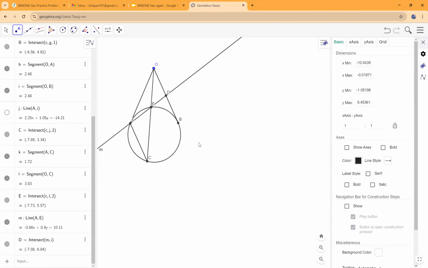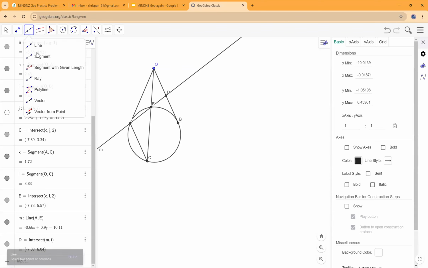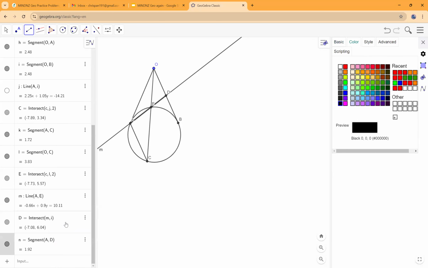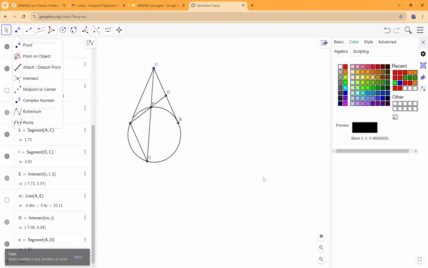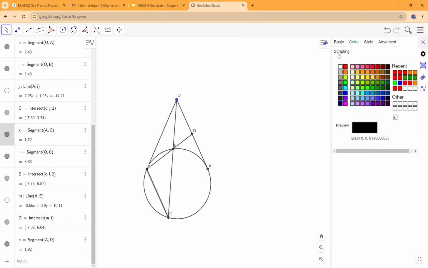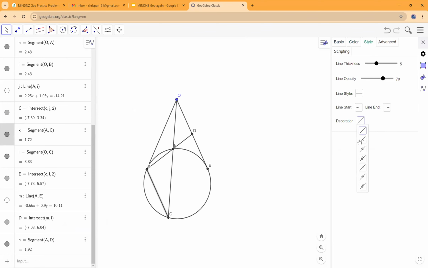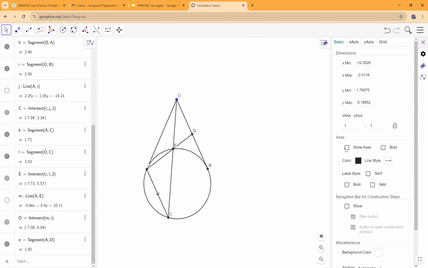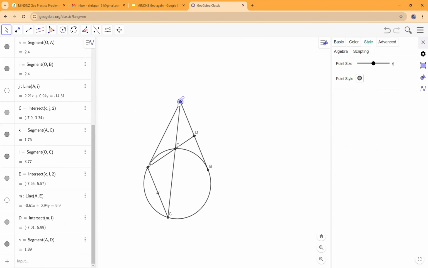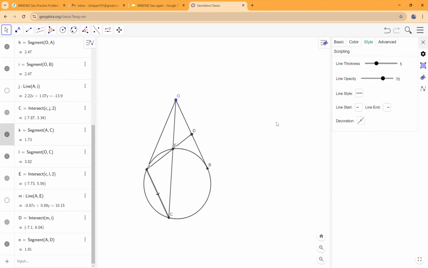So we want to show that OD equals OB. And where these two segments here are parallel.